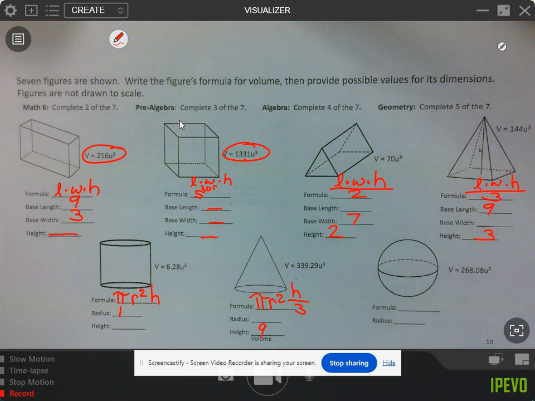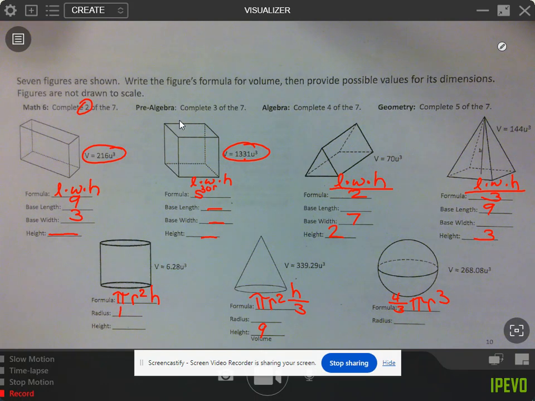And for our sphere, it is 4 divided by 3 times pi r cubed. Remember, for Math 6, we only have to do 2 of them. You can challenge yourself to do more, but you do not have to. You have to do at least 2 of them.